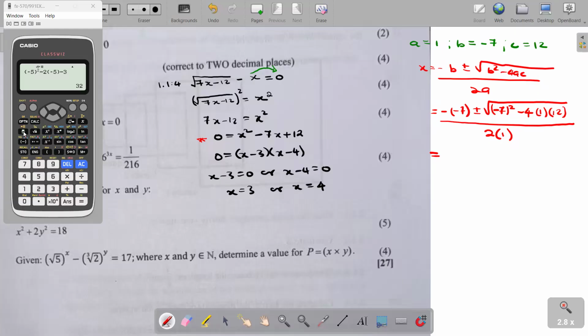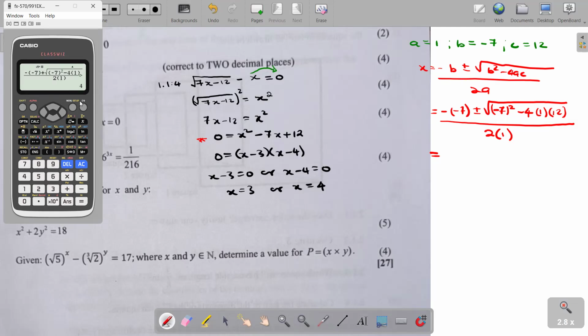It's going to be equal to minus minus 7 plus the square root of minus 7 squared minus 4a, which is 1, c, which is 12, all over 2a, which is 1.